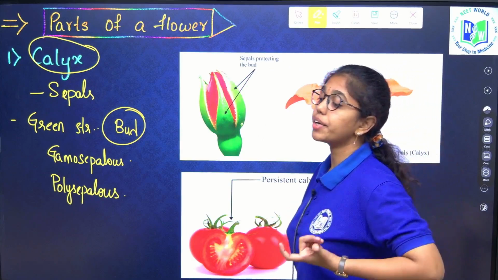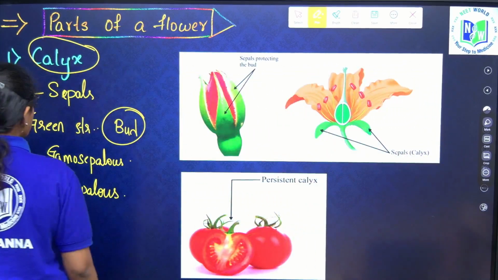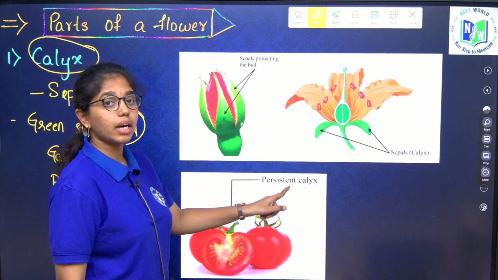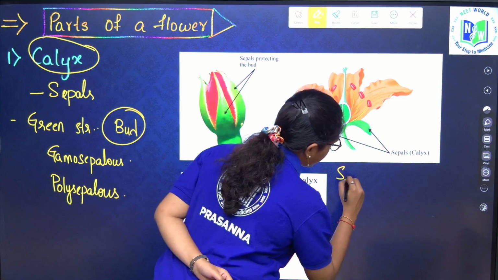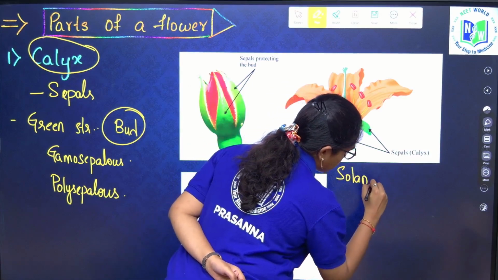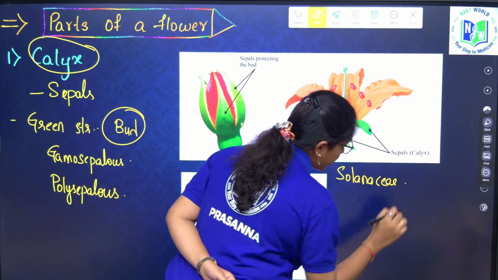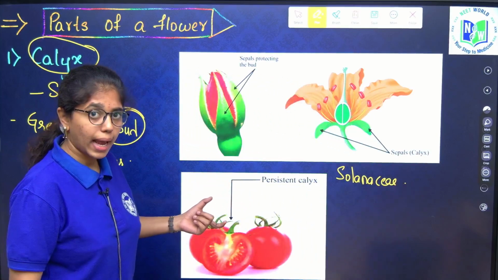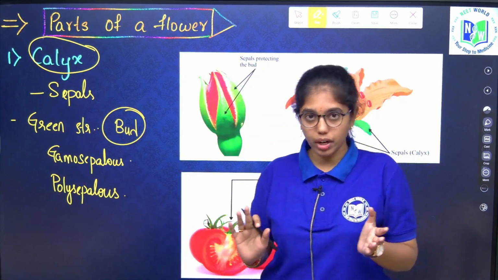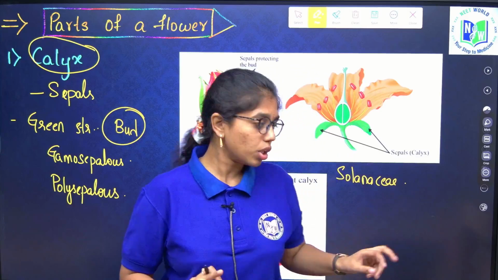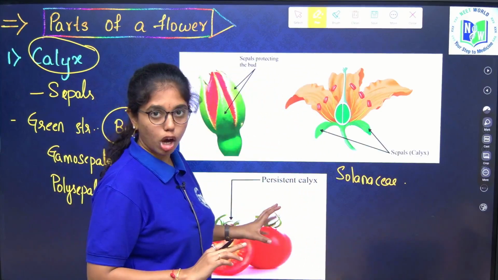There is one term called persistent calyx. You will come across this term when you are learning about the family Solanaceae. Usually in all plants the sepals or calyx degenerate after fertilization. Post fertilization, you will not find any sepals or calyx.